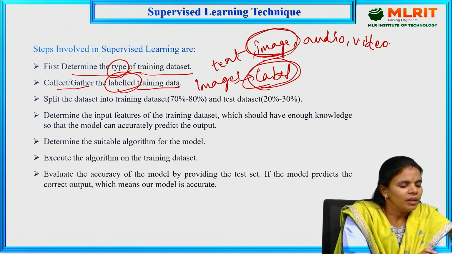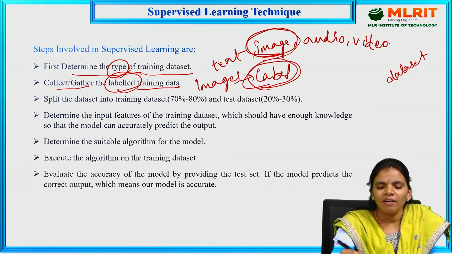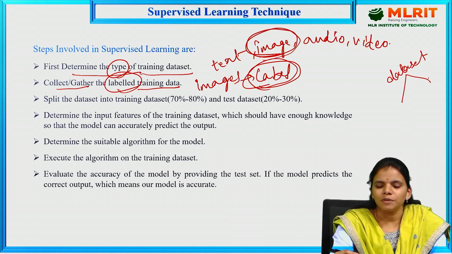Okay. So the next step is, now we have a data set. Now you need to split this data set into two types. The first one is the training set and the next one is the test set.